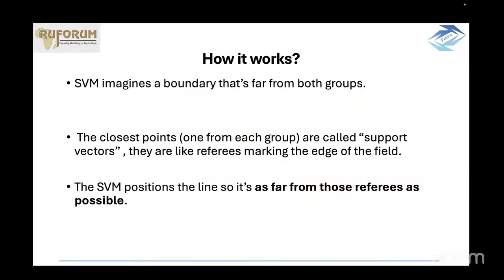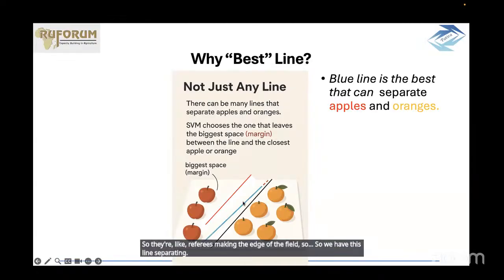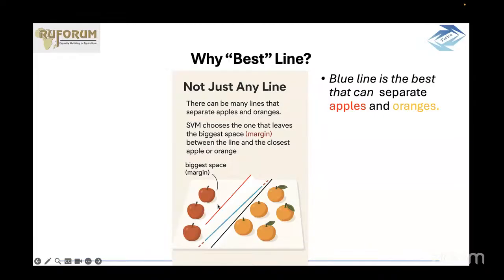So how does it work? SVM imagines a boundary that is far from both groups. The closest points from each group are called support vectors. They are like referees marking the edge of the field. So we have this line separating the two fruits, okay?